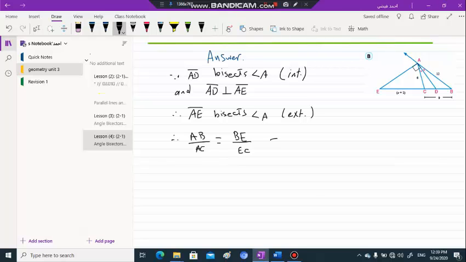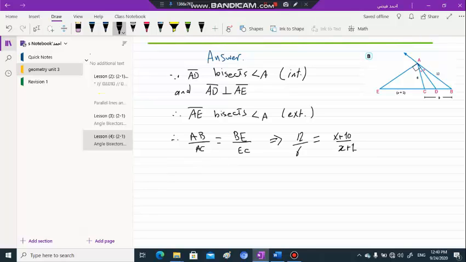So AD equals 12 over AC equals 6... BE, which is x plus 1 plus 9, so it will be x plus 10 over AC equals x plus 1.